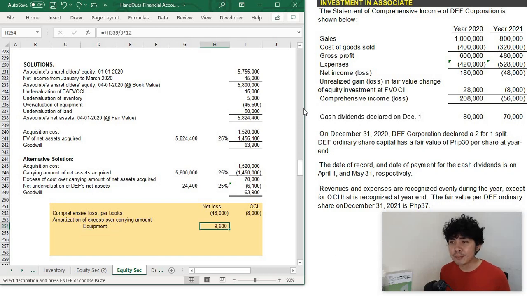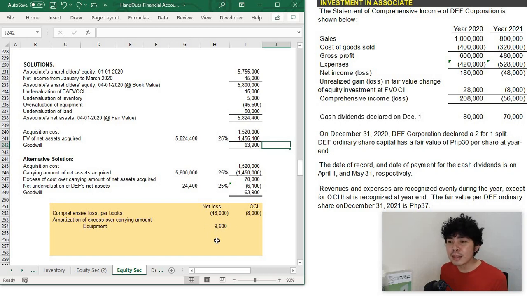Tapos, addition yan. So, addition yan sa net income or decrease yan in net loss. Again, ano tong 9,600? Paano yun na-compute? So, na-compute yan as 45,600 divided by 57 months times 12 months. So, this time, 12 months na tong 9,600. So, ito na ay for 1 year, January to December.